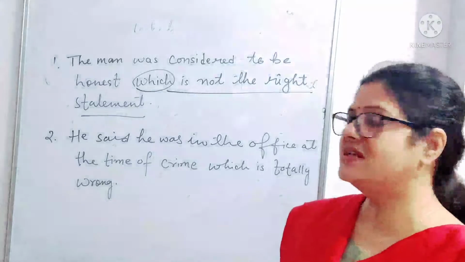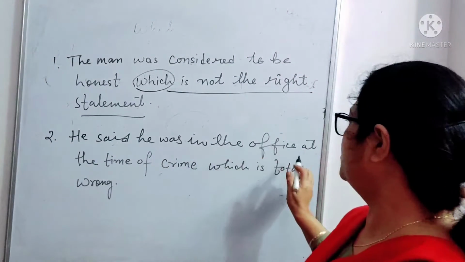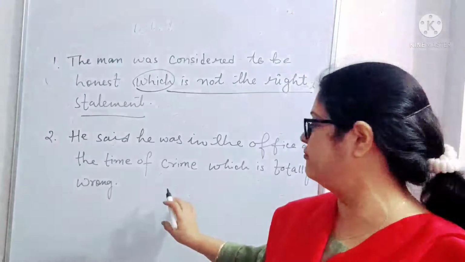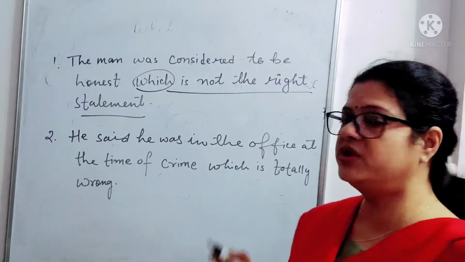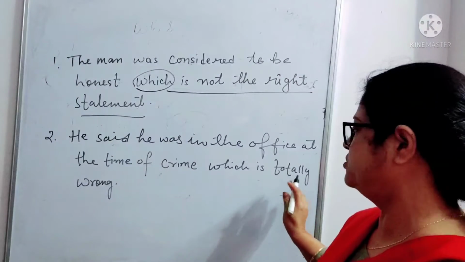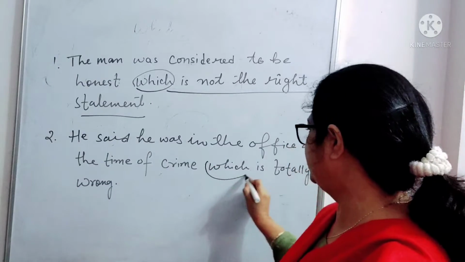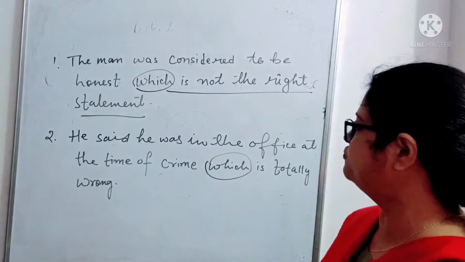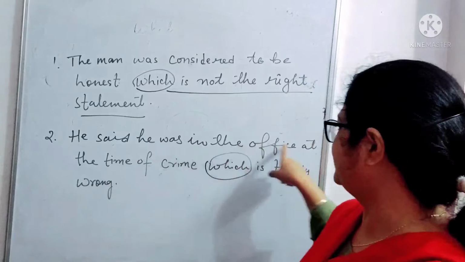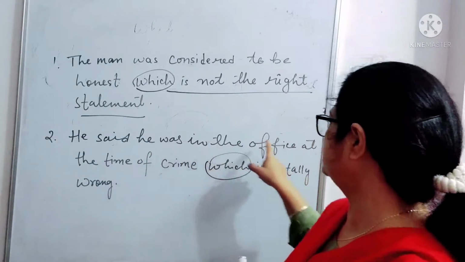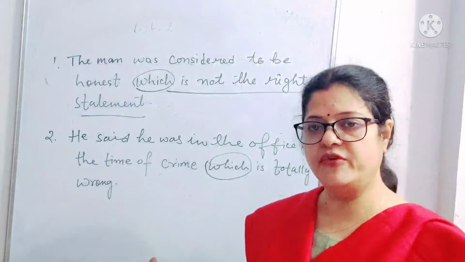In the second sentence, let's see. He said he was in the office at the time of crime, which is totally wrong. So here we see this relative pronoun which is used for the whole sentence: He said he was in the office at the time of crime.